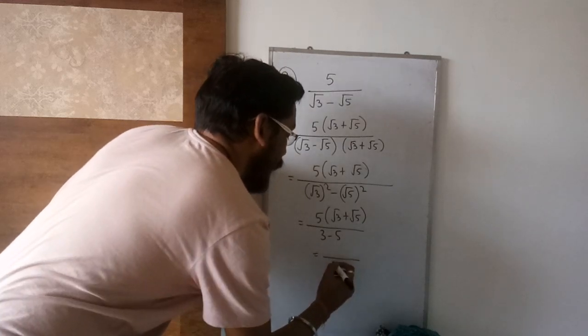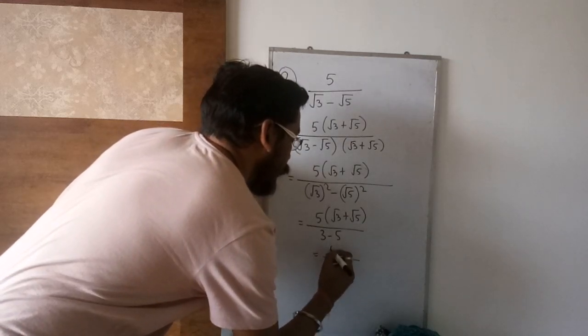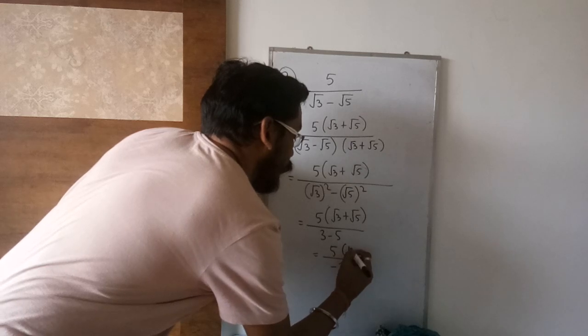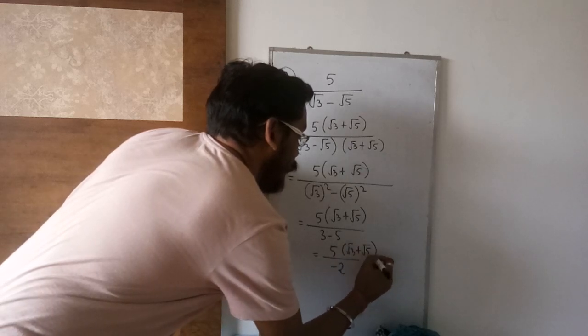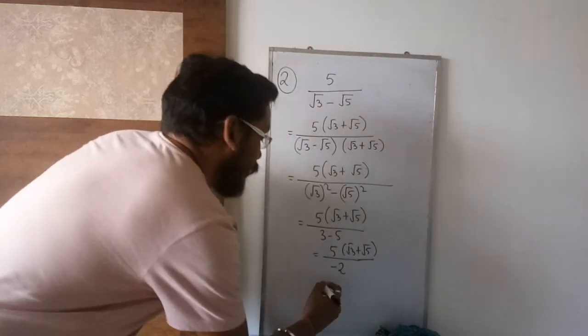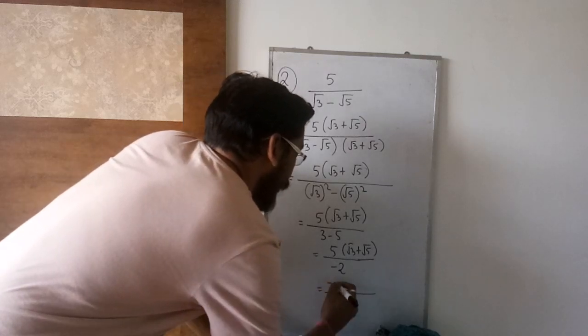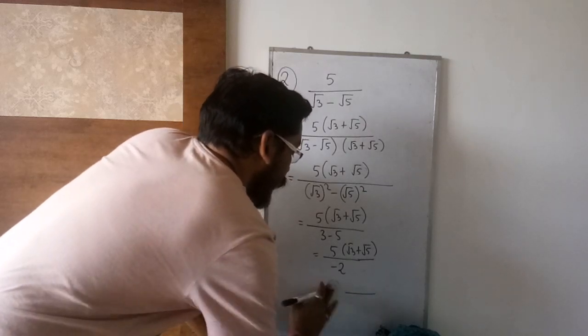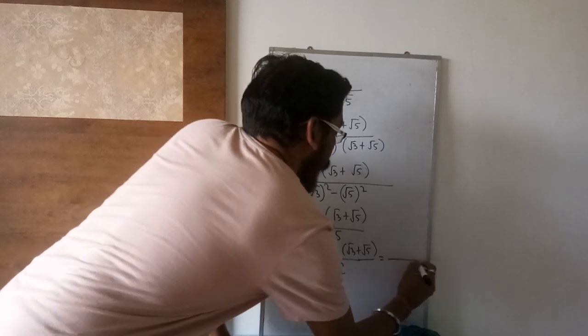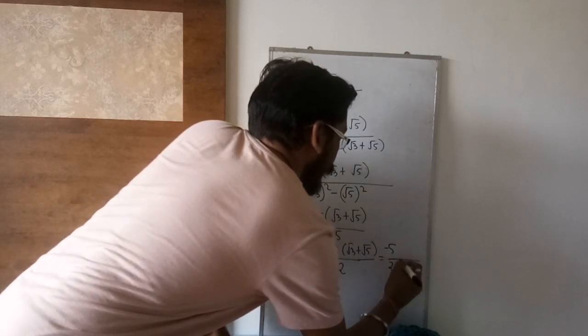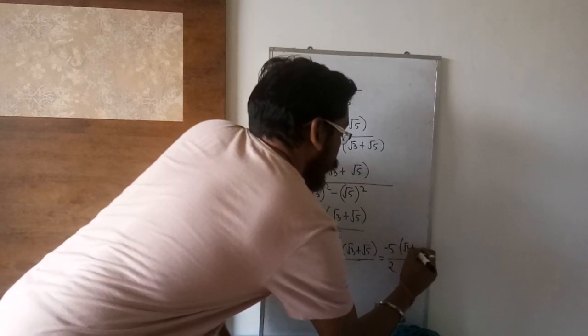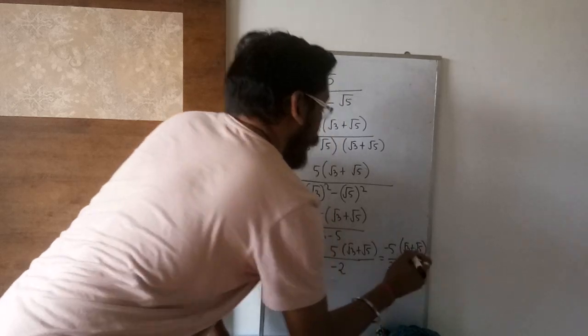So 3 minus 5 is minus 2. So it is minus 2, 5 into root 3 plus root 5. You can bring the minus into the numerator in the next step. So it is minus 5 by 2, into root 3 plus root 5. Take the screenshot.